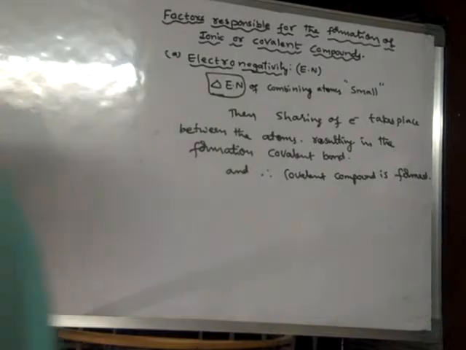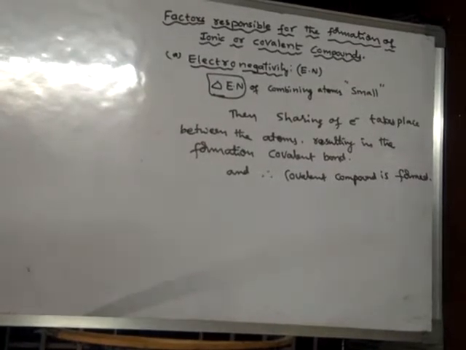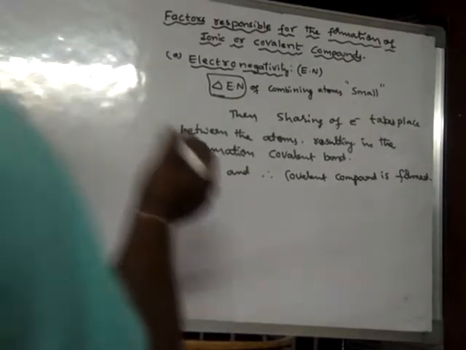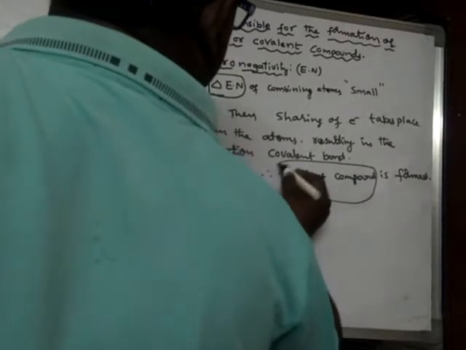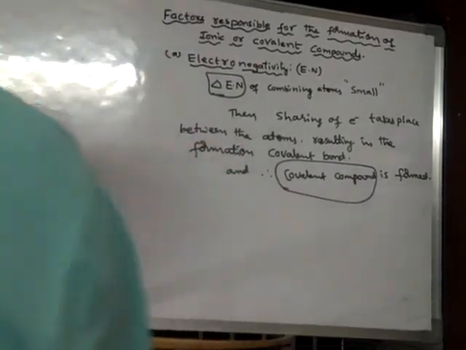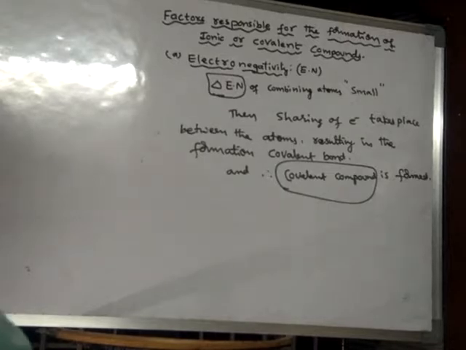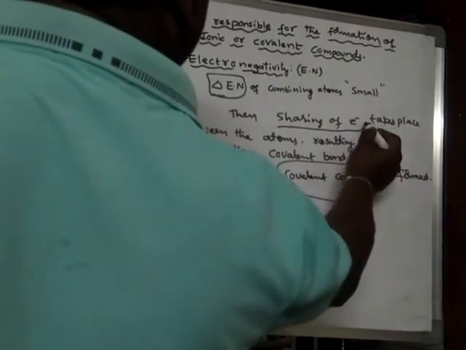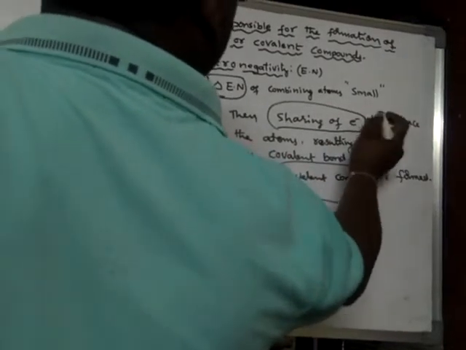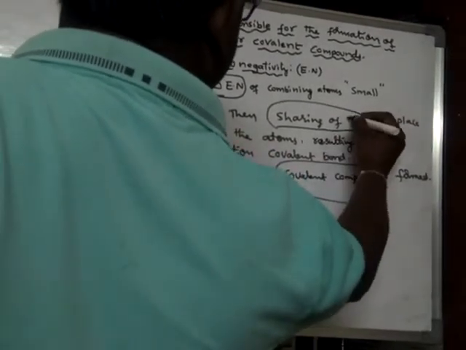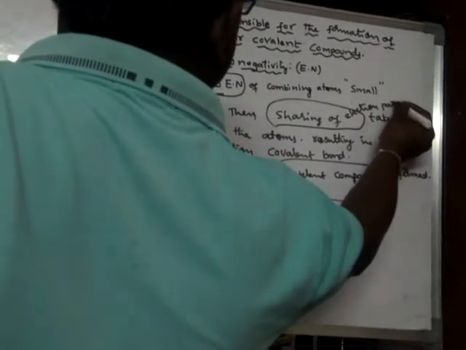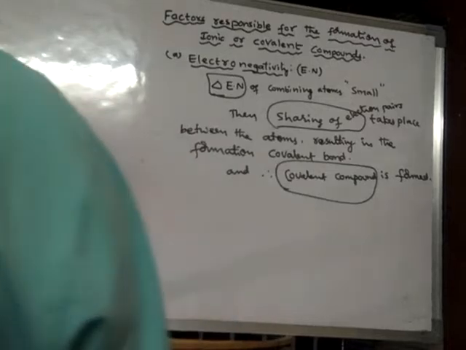What is a covalent compound? The compound which contains covalent bonds between the atoms is said to be a covalent compound. How is a covalent bond formed? A covalent bond is formed due to sharing of electron pairs between the atoms.